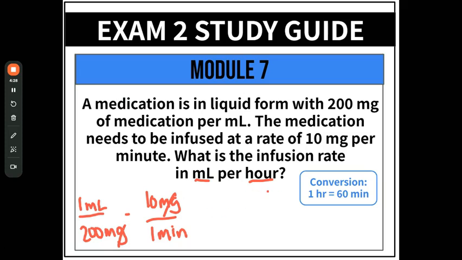And now I want to go to hours. So from minutes, well, I know that there are 60 minutes in 1 hour. And that gets rid of my minutes. And then I can multiply all of these together. So I've got 1 times 10 times 60 gives me 600.